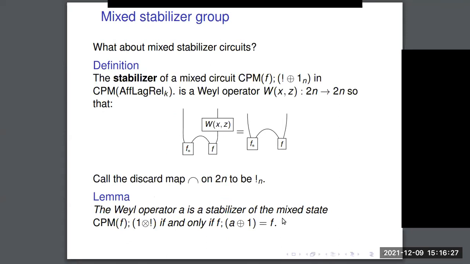So just as you can do for pure stabilizer states, you can do in the general affine Lagrangian picture. You can add mixing axiomatically by looking at the CPM construction. Recall that the CPM construction doubles things and then you can add a trace as another generator between the doubled things.